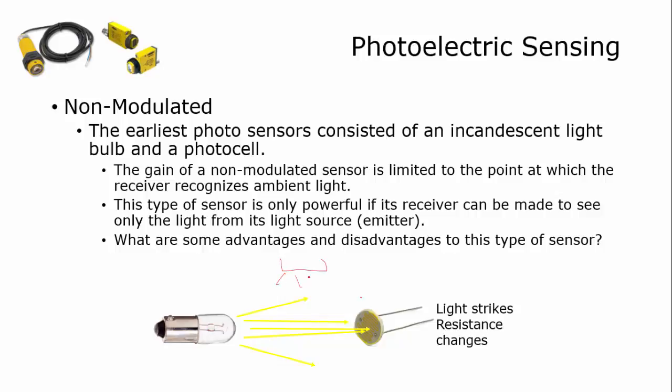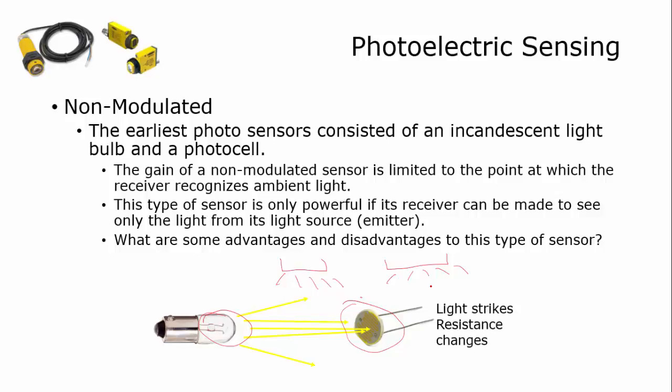So we might have some lights up here from our room shining down. And these ambient lights can affect the resistance of this photocell, and it may not see the light from the light source because it's seeing the light from these ambient room lights. So you had some problems with that.